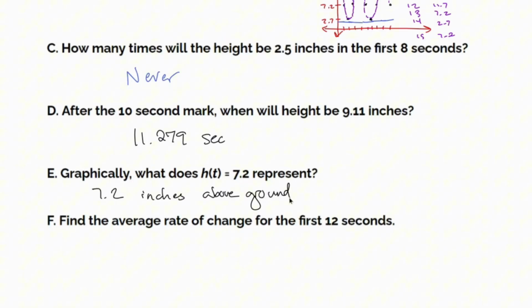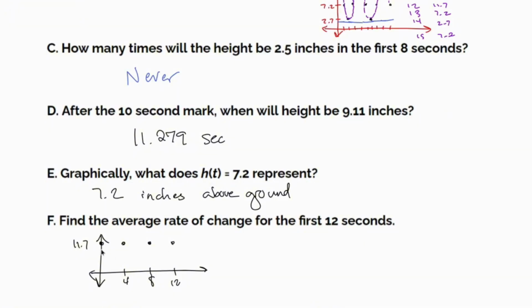Now the next one is super stupid because I believe I said I need a calculator for this one. I don't, and here's why. Common sense says that this guy started out at 11.7 inches above the ground. The period's 4, which means 4 seconds later, same exact spot. 4 seconds after that, same exact spot.